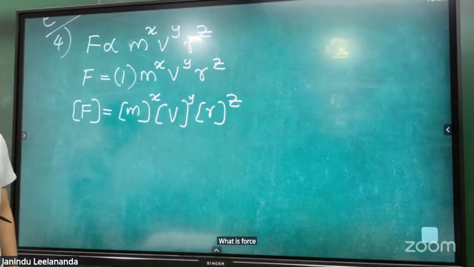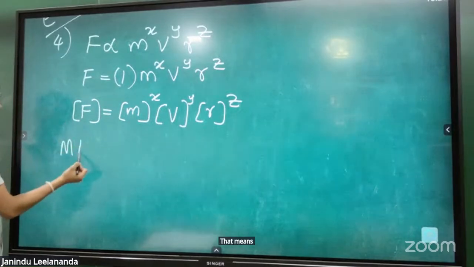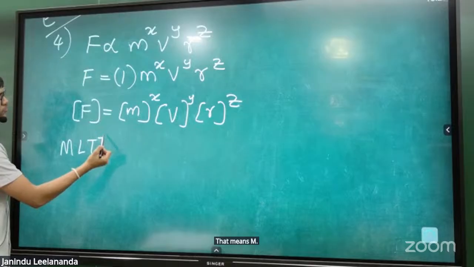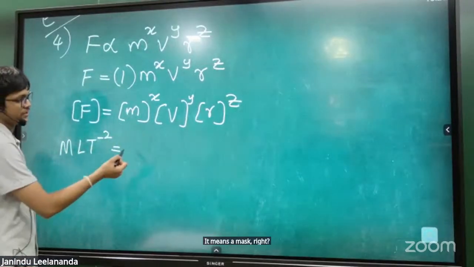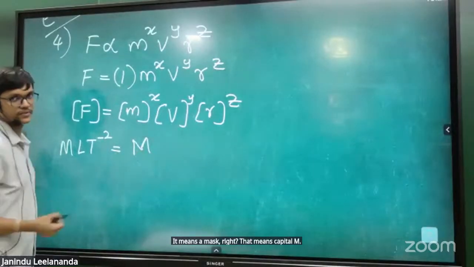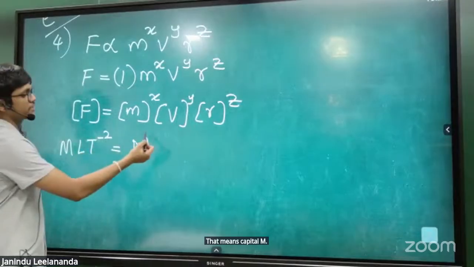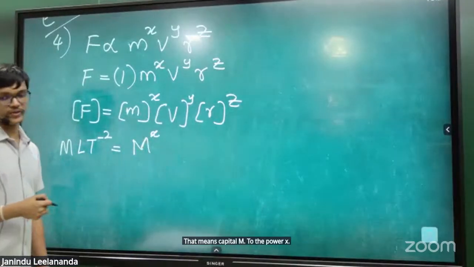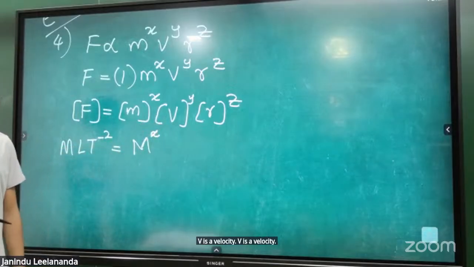F is a force. That means M L T minus 2. M is a mass, that means capital M to the power x. V is a velocity. Velocity means L T minus 1.